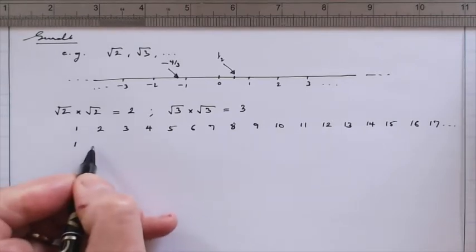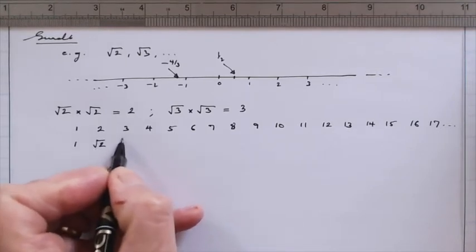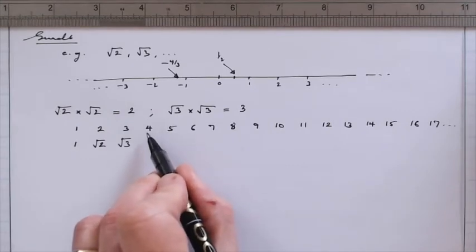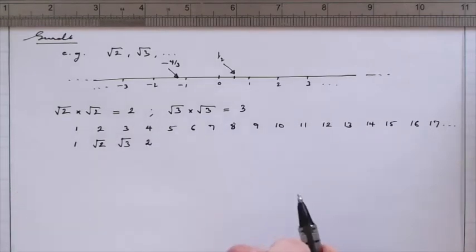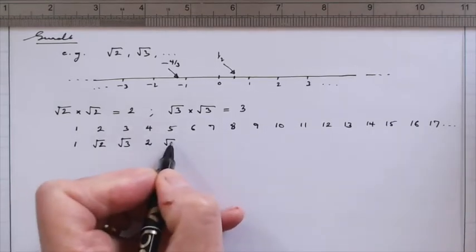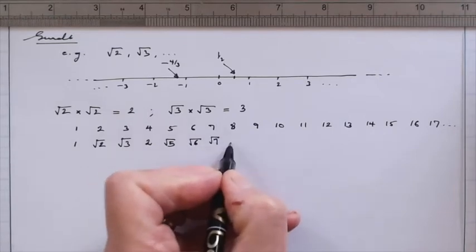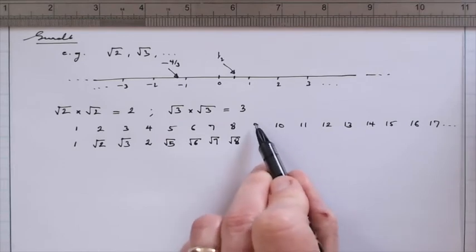The square root of 2 we represent as this symbol, square root of 3. Now the square root of 4, because 4 is a square number, is just the integer 2. Then we have the square root of 5, the square root of 6, the square root of 7, the square root of 8, and then again we come to a square number.